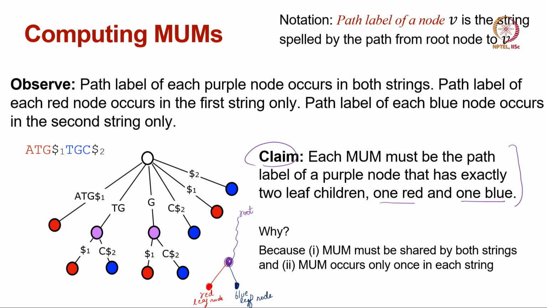Because it is shared, it corresponds to a purple node, and because it occurs only once in each string, the purple node will have exactly one red leaf child and one blue leaf child.